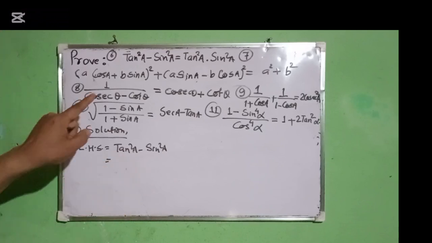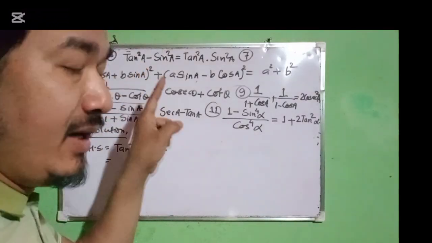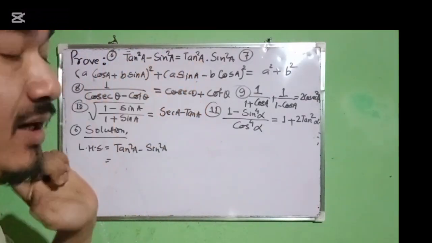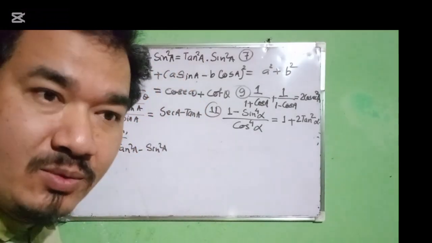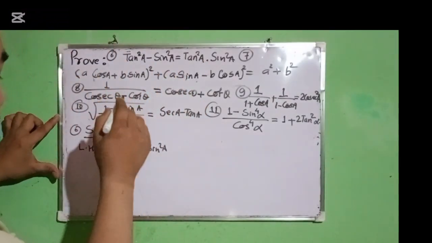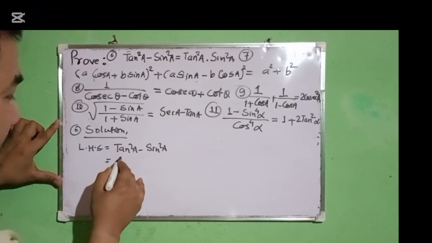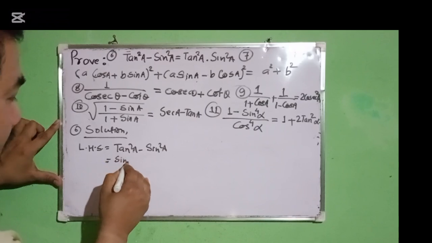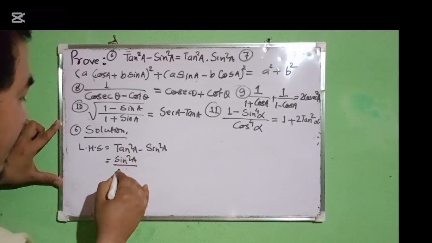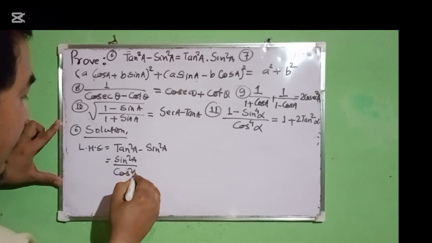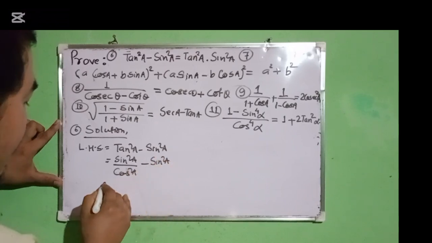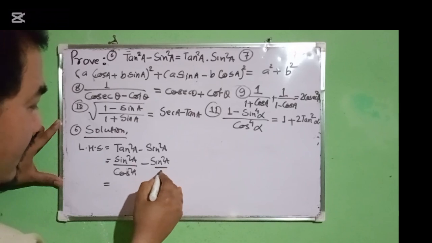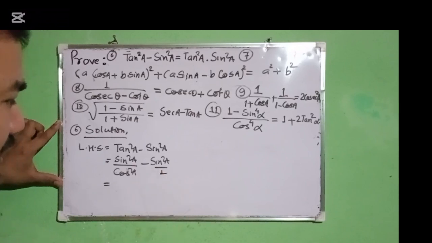And look here is the product. Here is the product and here is the minus, okay? We have to bring this product one from minus 1, okay? For that, what you have to do, look here. As we know, tan square a means sin square a by cos square a, minus sin square a, okay? Nothing below this 1 means there is 1 in denominator.